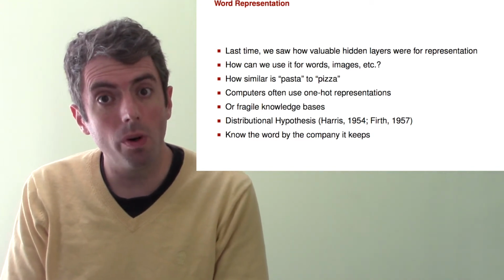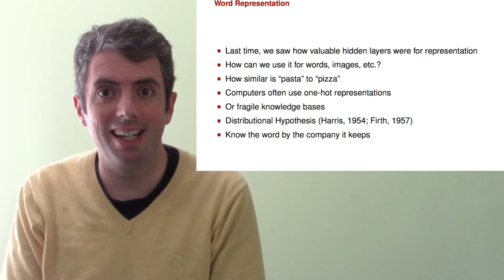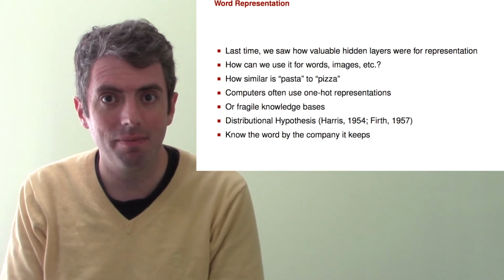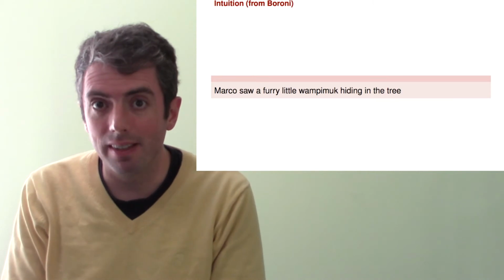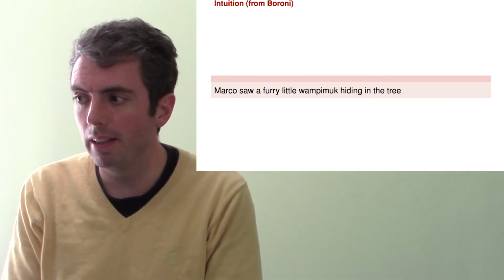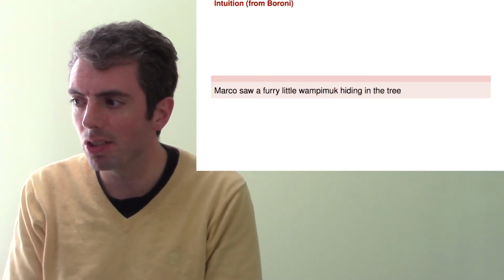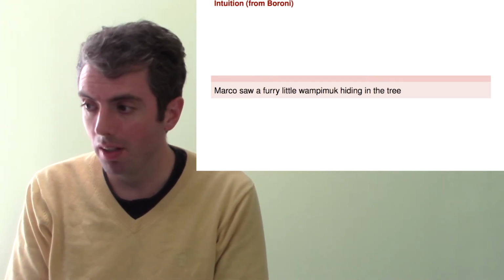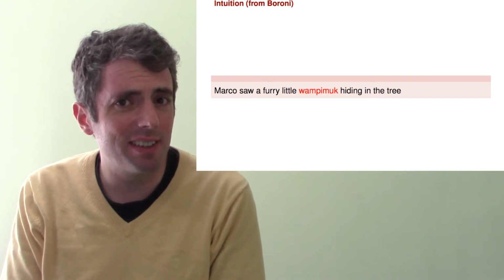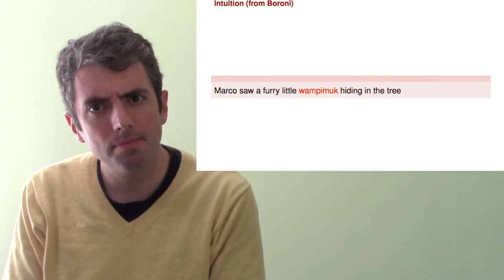You can know what a word is based on the context that it appears in. So let's see what this looks like. Let's say you have this sentence: Marco saw a furry little wampum hiding in the tree. Wampum is a made-up word, but you still have a sense of what this word might mean.